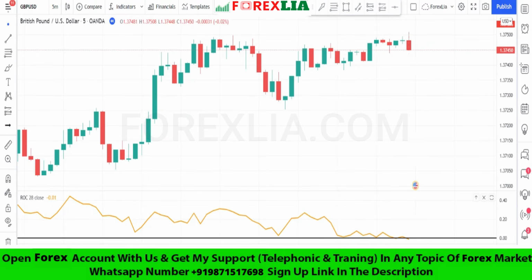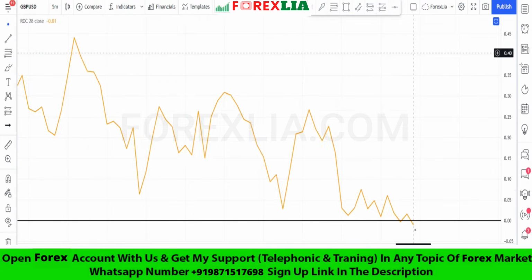Here is the sell signal confirmation. We place the sell trade here.